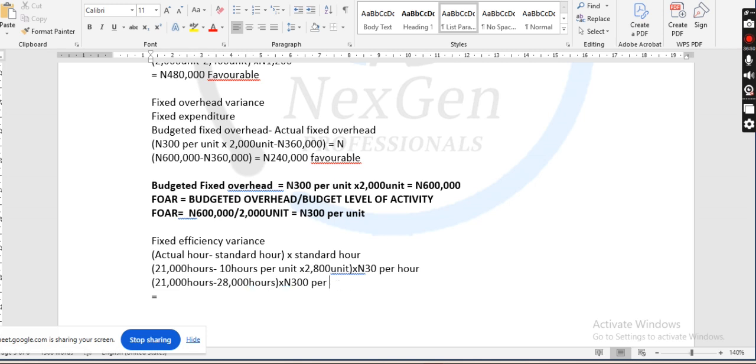Now it can work out like this. If I want to use units, everything here should have been units, not hours.